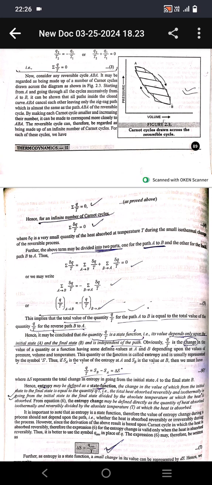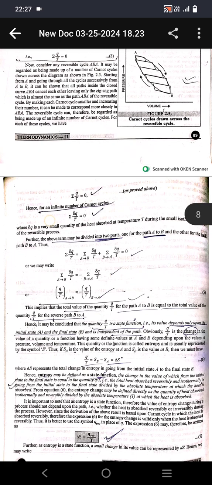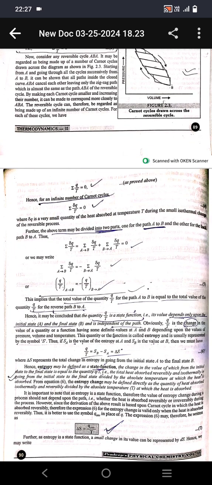This quantity or function is called entropy and is usually represented by the symbol S. Thus, if SA is the value of the entropy at A and SB is the value at B, then we have SB minus SA equals delta S, where delta S represents the total change in entropy in going from the initial state A to the final state B. Hence, entropy may be defined as the state function, the change in the value of which from the initial state to the final state is equal to the quantity Q/T, that is, the total heat absorbed reversibly and isothermally in going from the initial state to the final state divided by the absolute temperature at which the heat is absorbed.